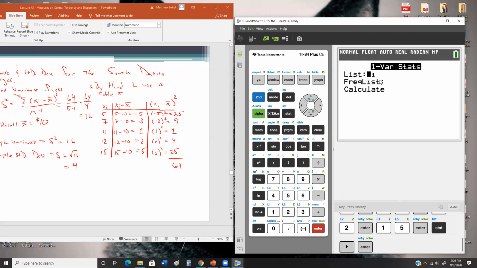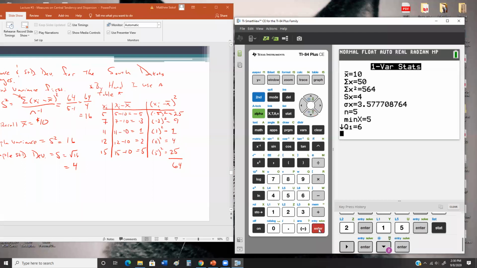But if you can figure it out on your own, you can figure it out on your own. If you have a TI-83, it says 1-Var Stats, just hit enter on your calculator again. If you have a TI-84, you scroll down to Calculate here, and you hit enter. Now, how many people see exactly what I have on my screen there?